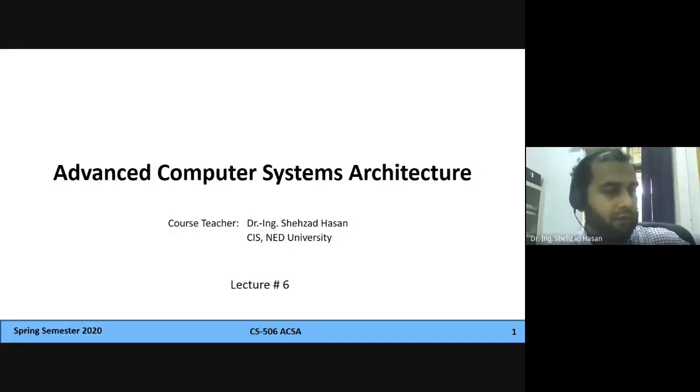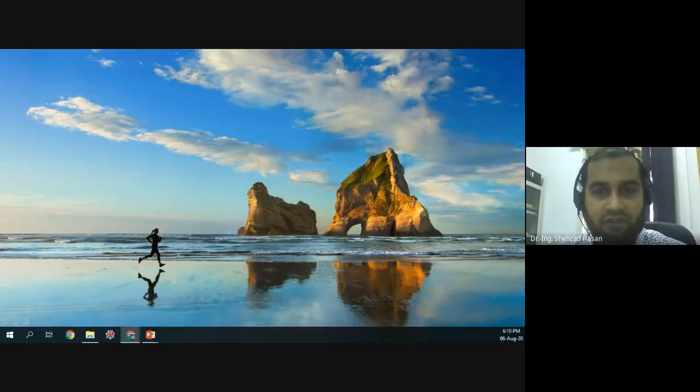Okay, so we were discussing computer arithmetic, and under the topic of computer arithmetic, in the last class we discussed the division operation.